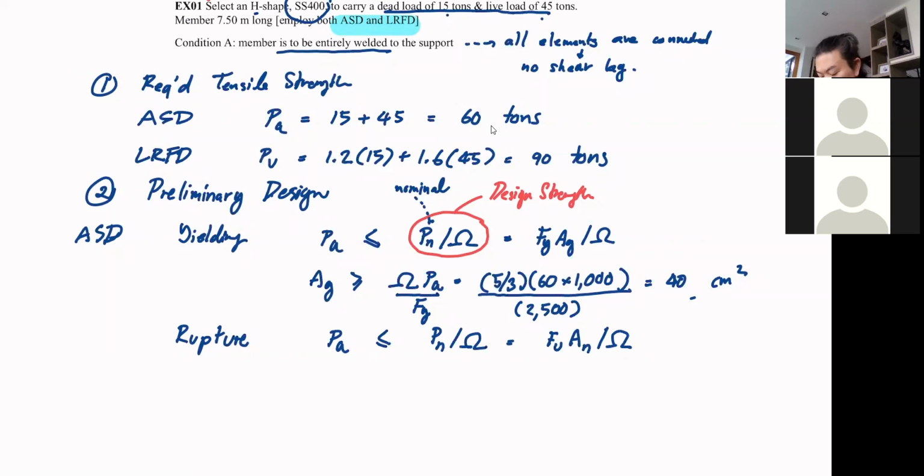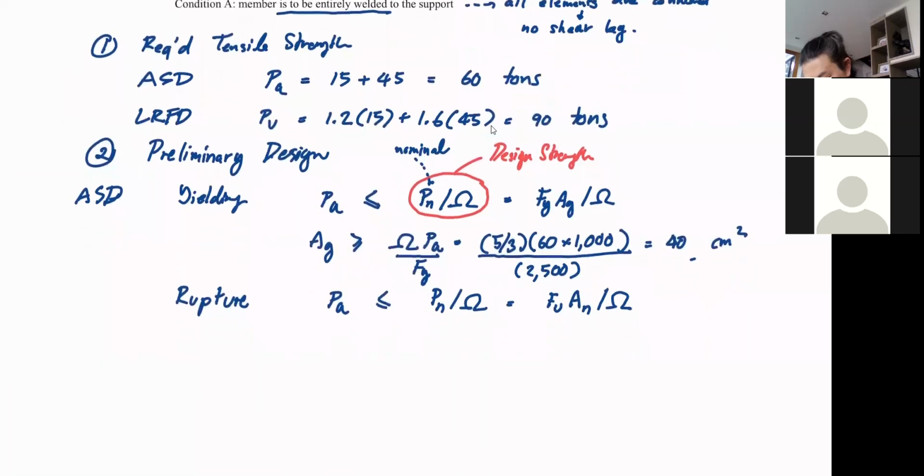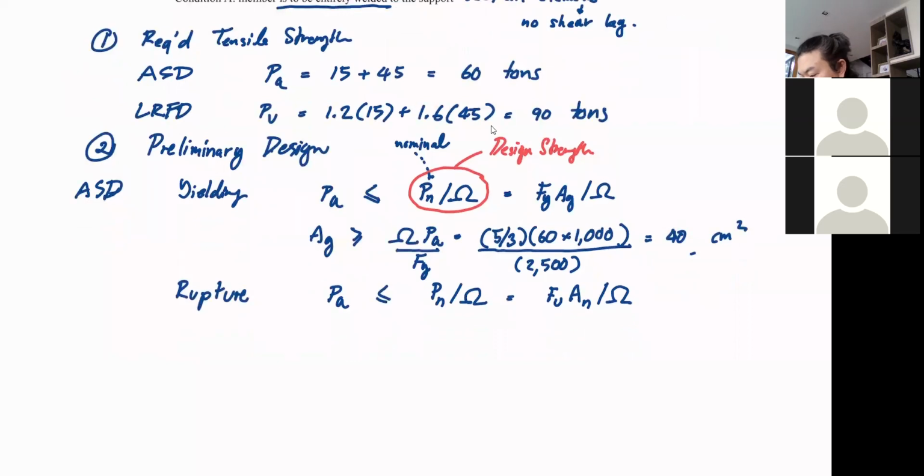So we can go ahead and try to calculate this anyway. And the A net should be greater than the factor of safety multiplied by PA and then divide by Fu, right? This time, remember, it's a rupture, so the factor of safety becomes 2.